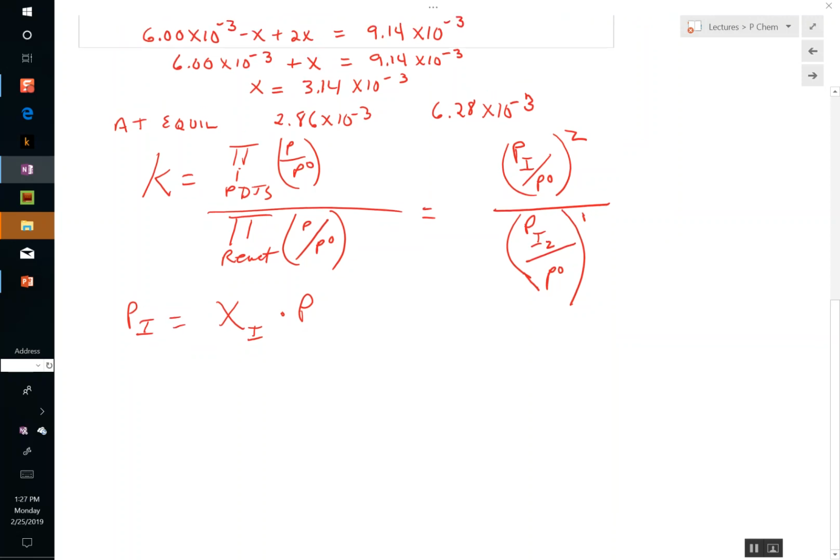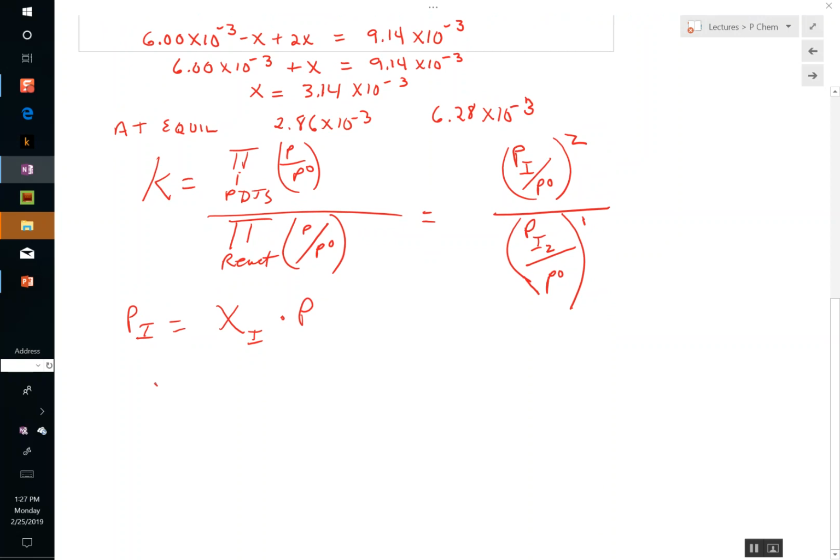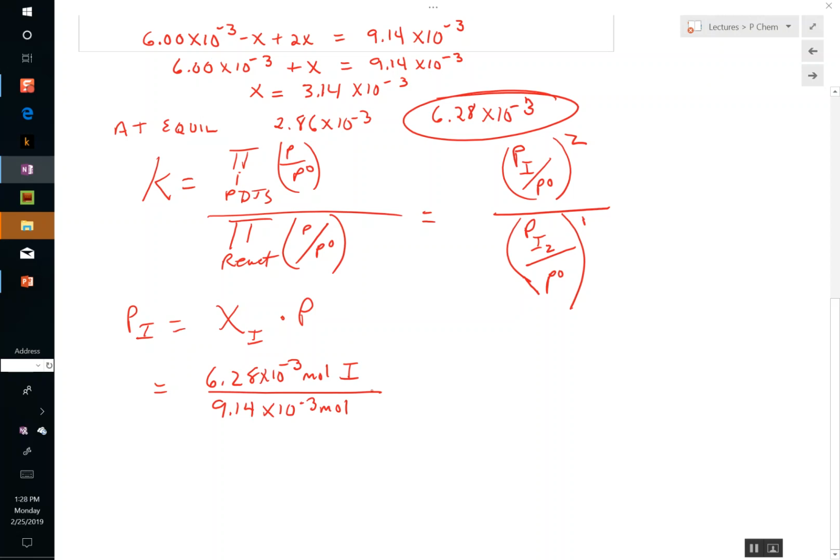The mole fraction of the iodine atoms is 6.28 times 10 to the minus third moles over the total moles, times 0.750 atmospheres.